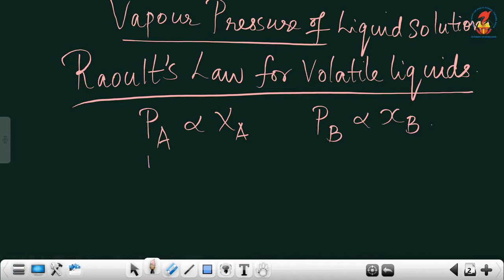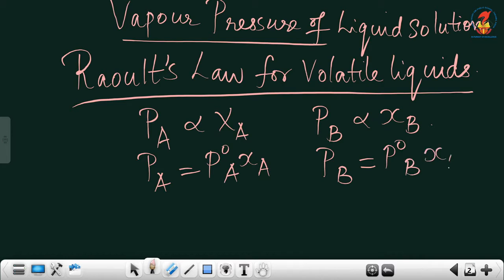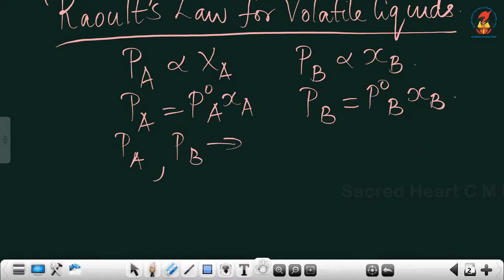Now removing the proportionality sign, PA is equal to P naught A into XA and PB is equal to P naught B into XB. Now, PA and PB are the partial vapor pressures of components A and B.